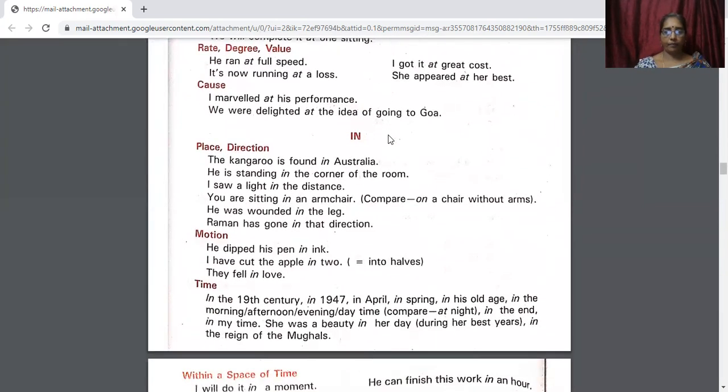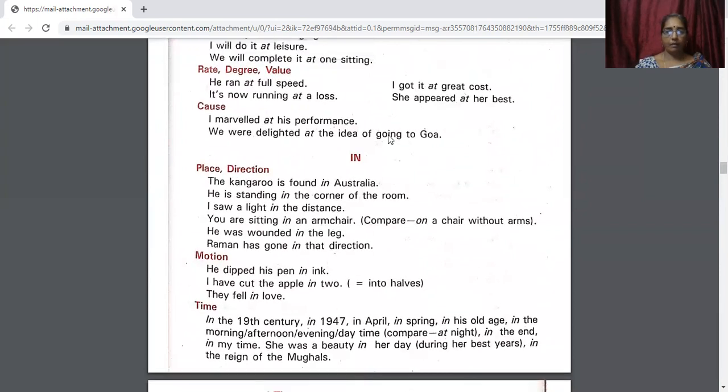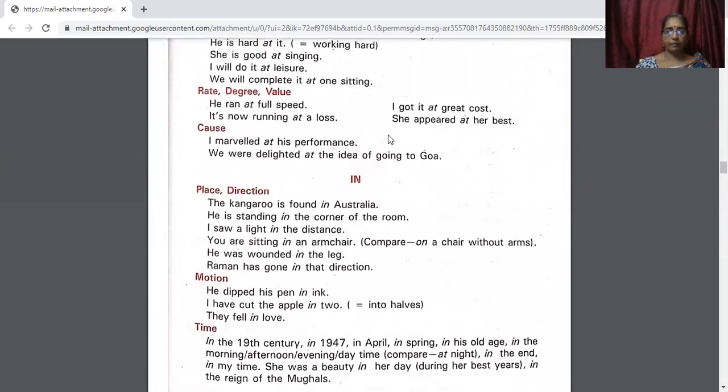In. Place and direction. First, how we use in place and direction when we have to show. How do we use that? Let us see that. The kangaroo is found in Australia. He is standing in the corner of the room.